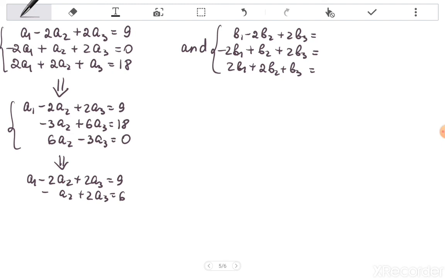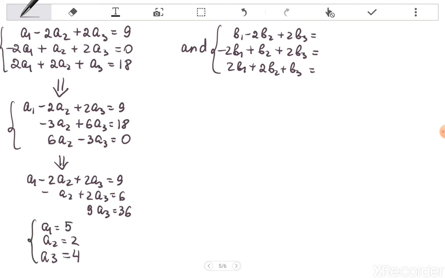We get 9, and 36. So a3 now is 4. So if a3 is 4, this is 8. Substituting into this, a2 is 2, and for a1, here we have 8, substituting into this just 1, minus 4, gives 5, so a1 is 5.